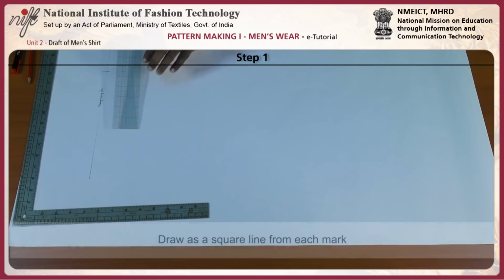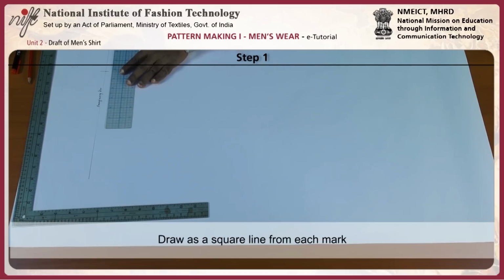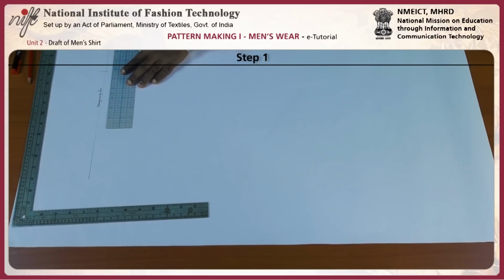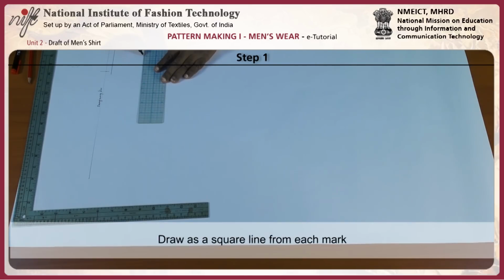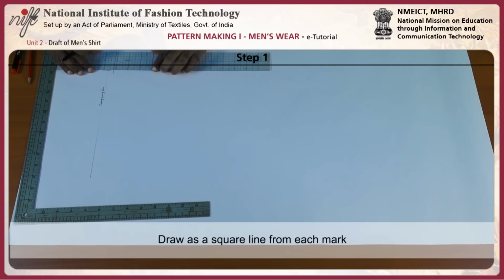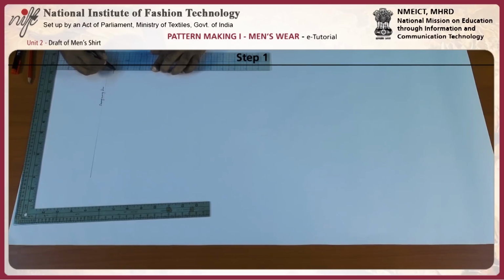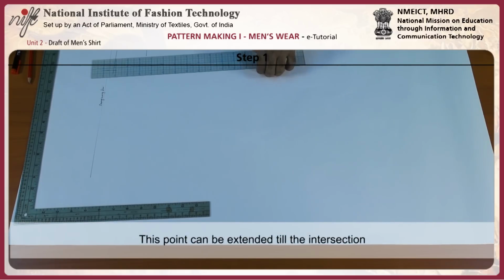Then draw a square line from each mark. This can be a smaller square line, and this point can be extended till the intersection.